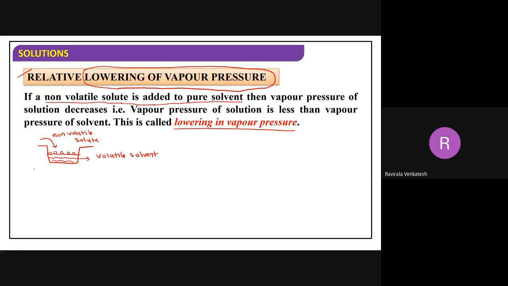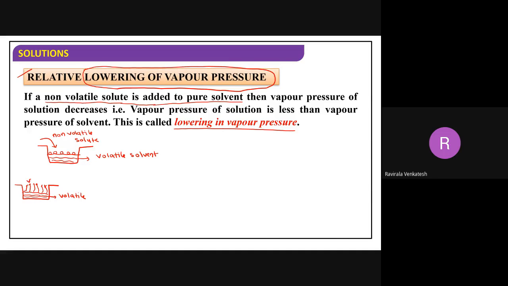Correct or not? Now, previously the solvent looks like this. Definitely it is volatile. Whatever molecules or atoms, particles, they undergo evaporation like this. All the surface molecules, all the surface particles will undergo evaporation.